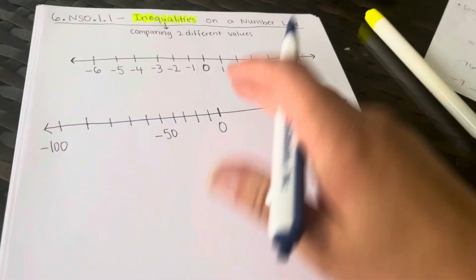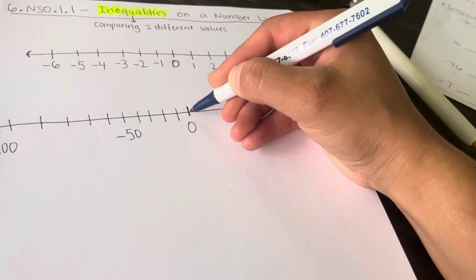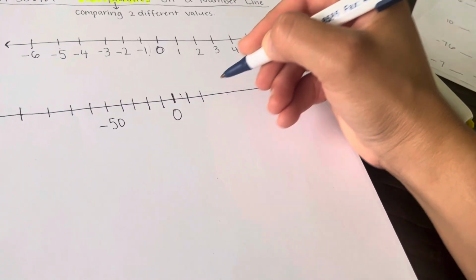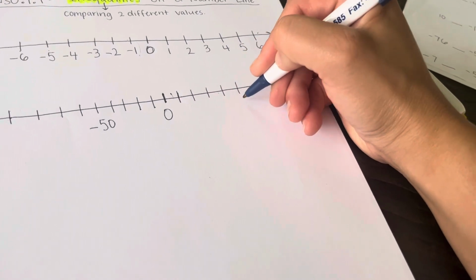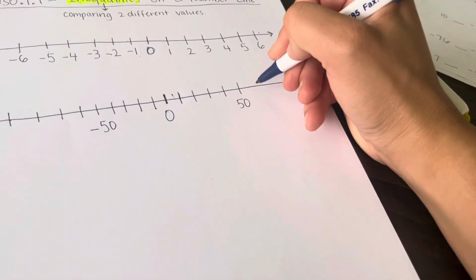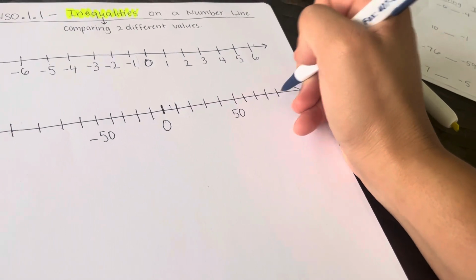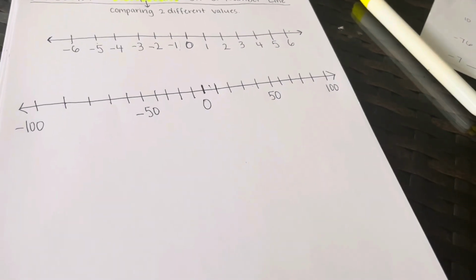And then from there, you continue on with positive. So instead of me being 1, 2, 3, 4, and 5, I'm going to continue by 10. So if this is 0, this is going to be positive 10, regular 10, 20, 30, 40, 50, regular 50, 60, 70, 80, 90, regular positive 100, normal 100.